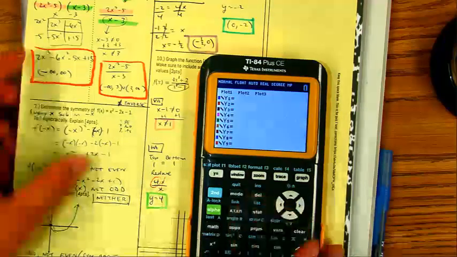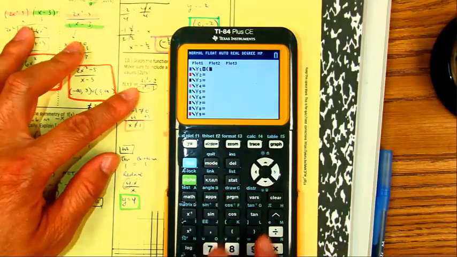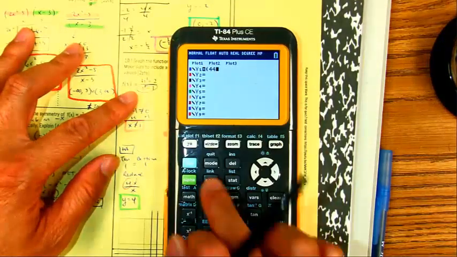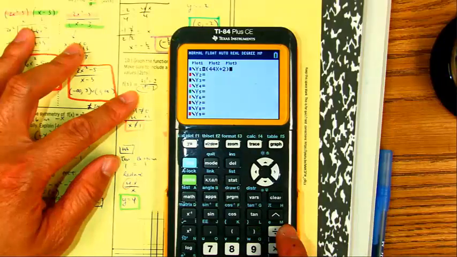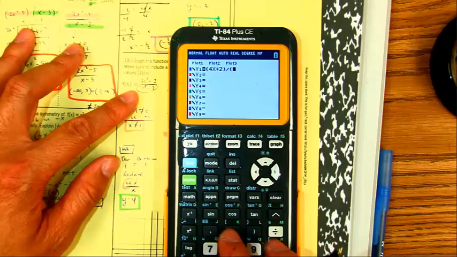2 ways of putting this in. I'll put in the first way, old school. Parentheses first. 4x plus 2 divided by, delete, x minus 1.